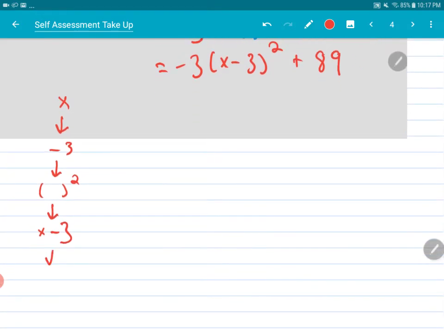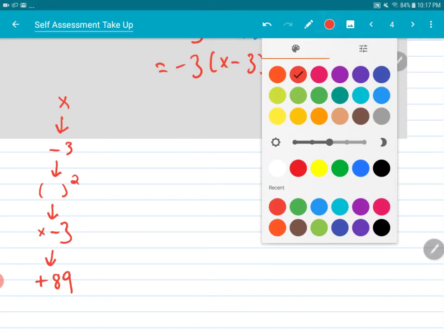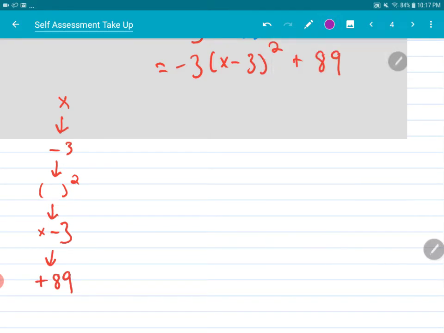And finally, we add 89. So just like we do in class, again, this is kind of review, we're going to do the opposite. So our x now is going to have the opposite steps: subtracting 89, divide by negative 3, square roots, plus or minus, don't forget that, that's an easy one to remember, and adding 3.